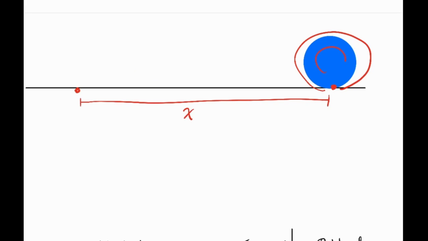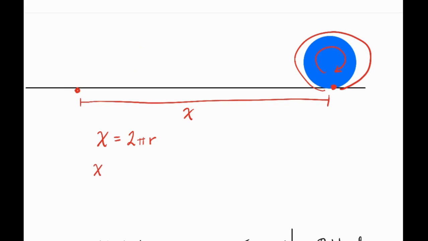It also rotated a certain angle here. And I know that it traveled a distance of whatever the circumference is. So if I say that the distance it traveled is equal to 2 pi r, which is the equation for circumference, then I'm going to also notice that I could rewrite this.